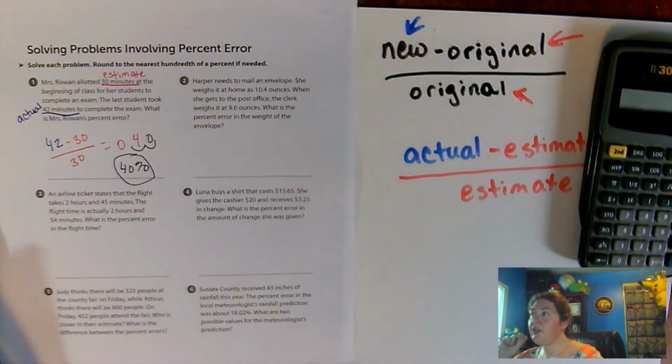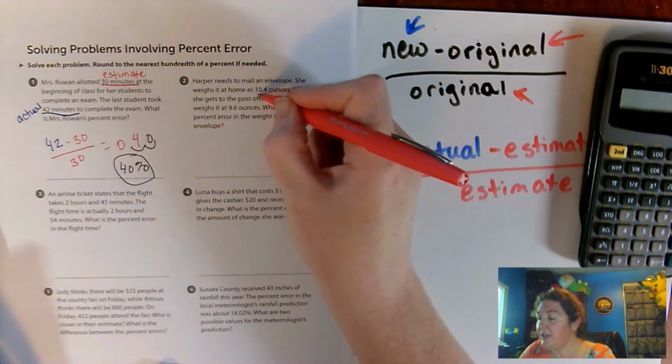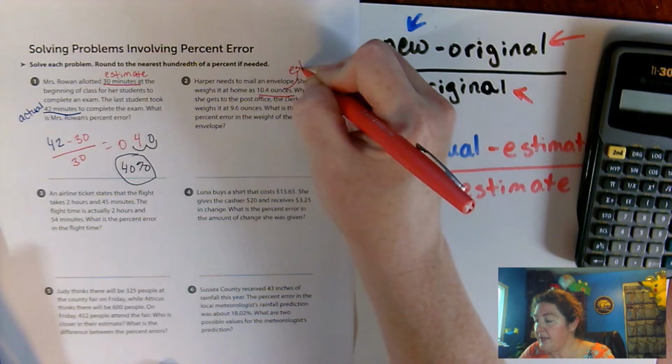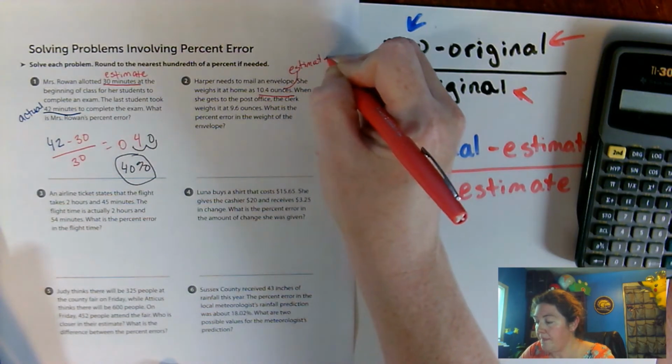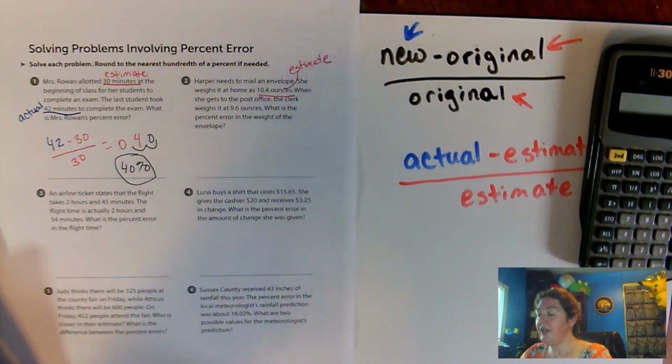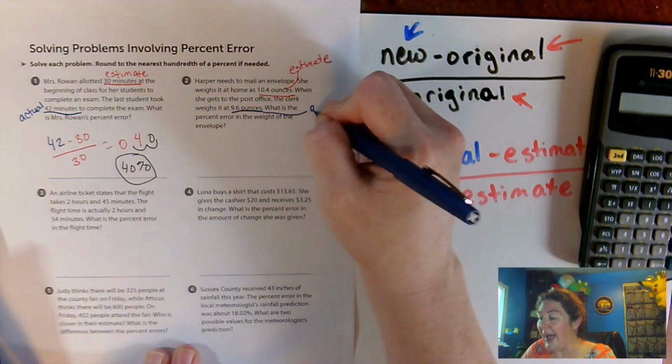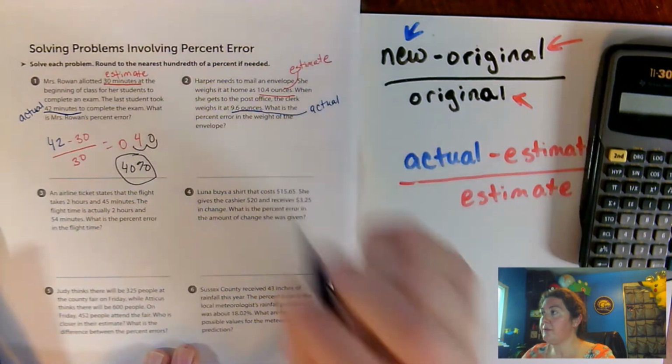I need to figure out what is my actual and what is my estimate. Well, estimate is what I think it's going to be. So this one is going to be my estimate. And then once she got to the post office, she found out that's what it actually was.